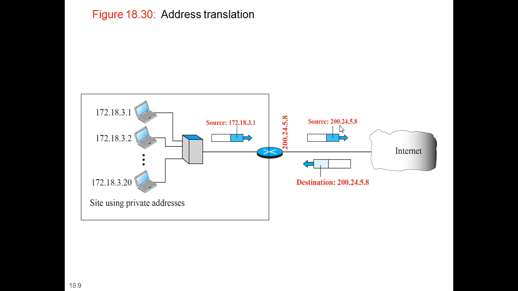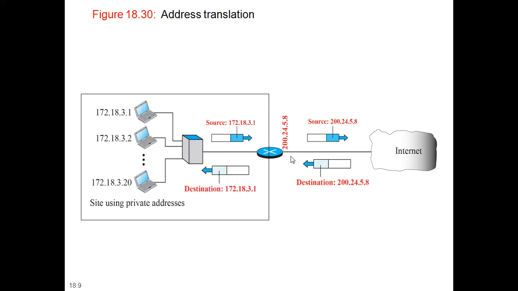You can have the destination address 200.24.5.8. The same address is used here because the internet will think of this particular address as the destination address. Actually, this is not the actual destination address. 200.24.5.8 should be converted to 172.18.3.1.